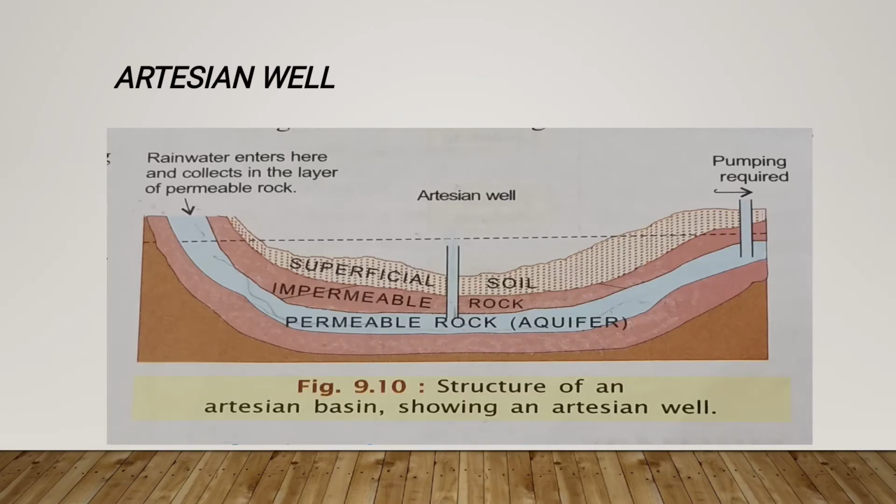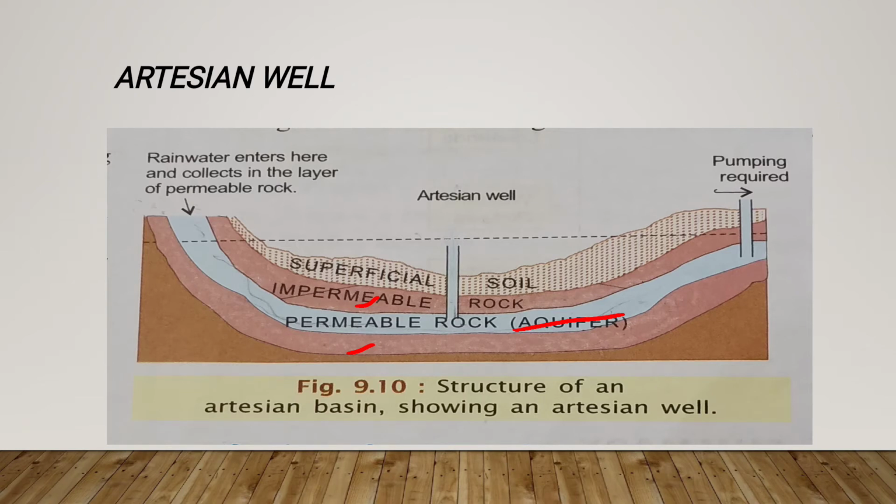This is an artesian well. See how it works. Artesian wells are dug where the basin of permeable rock, such as chalk, lies between two impermeable layers.